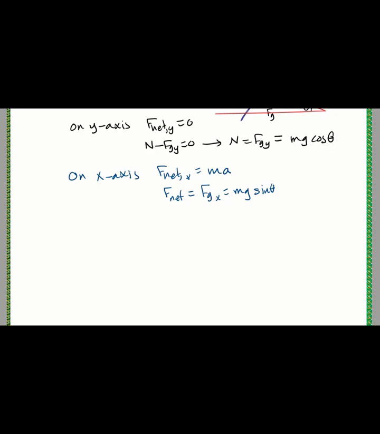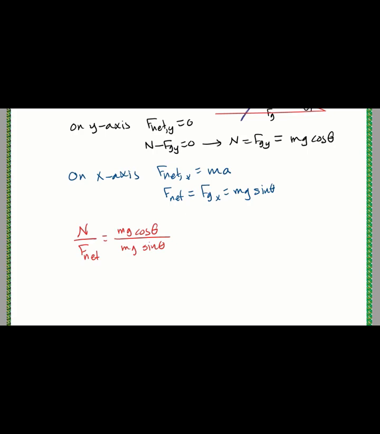If we do the following, the normal force over the Fnet: the normal force is mg cosine theta, and the net force is mg sine theta.